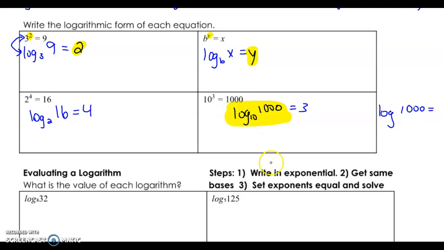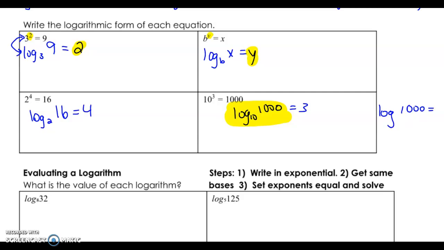This is the most common logarithm. It's called the common logarithm when it's base 10, so you don't have to write it. Go ahead and try that on your calculator: log of 1000, so log base 10 of 1000. You should be getting 3.